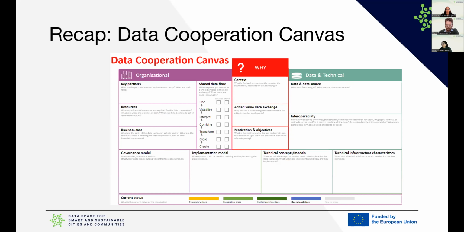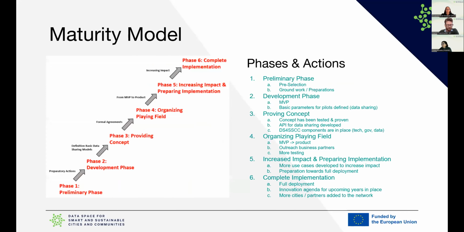So what we have done in the preparatory action is develop the DS4SSCC maturity model, as you can see schemed out here on the left, which describes 6 phases. From the preliminary phase, over the development phase, the concept phase, the organizing playing field phase, the increasing impact and preparing implementation phase, up to the complete implementation phase.